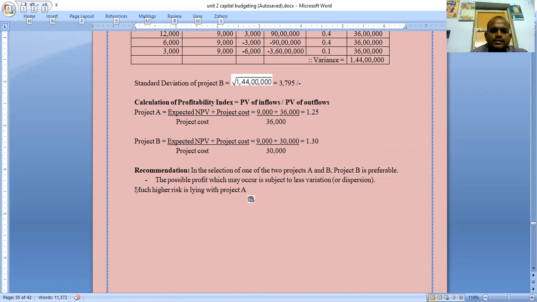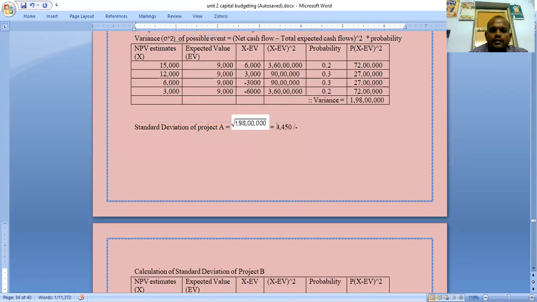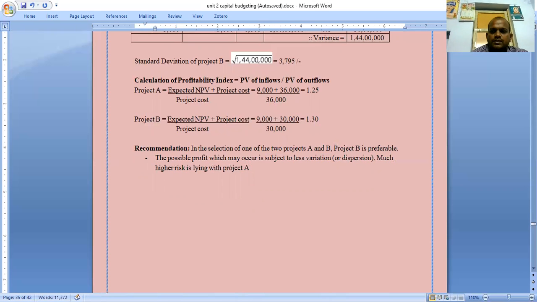Much higher risk is lying with project A. Project B, as I told you, as per the standard deviation, is lower than project A. That is why project B is preferable to project A, because project A is having more risk.